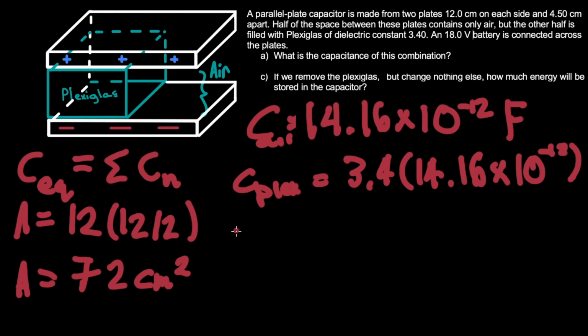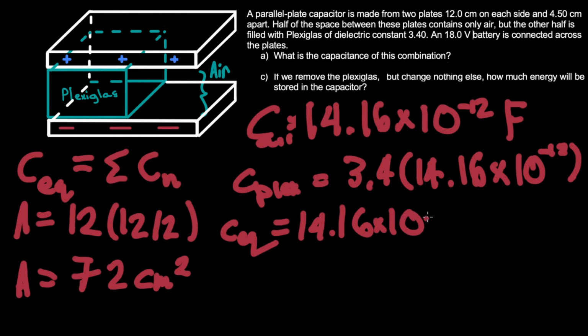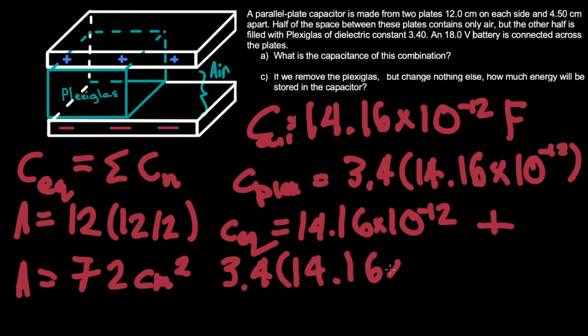And so then, of course, for our equivalent capacitance, that means that we're going to have 14.16 times 10 to the negative 12, and then plus 3.4, I'll write brackets instead, times 14.16 times 10 to the negative 12.